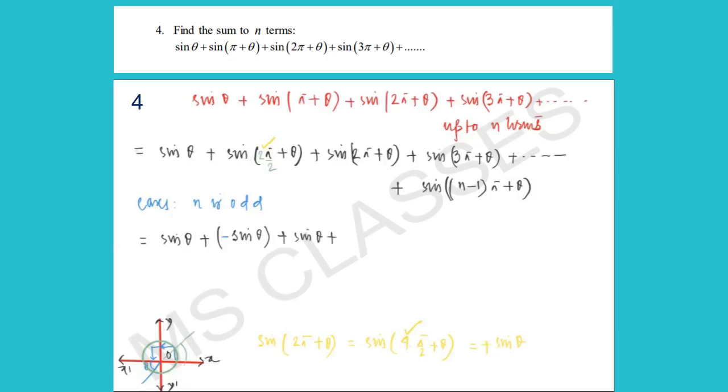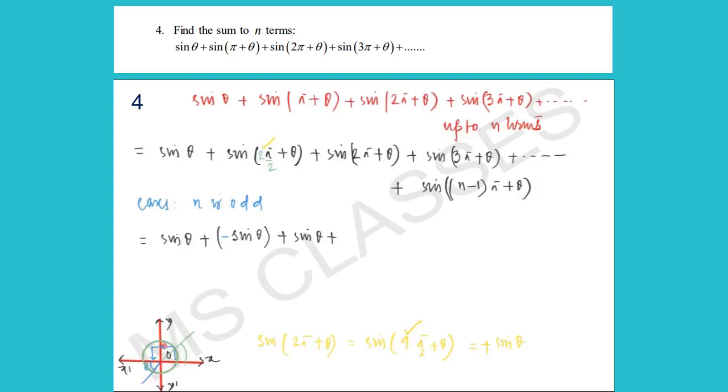Now we come to the fourth term, sin(3 pi plus theta). 3 pi plus theta means, for 1, 2 pi, which you have seen, a complete circle. Again a pi: 2 pi plus pi. We have another pi plus theta; 2 pi we already have.